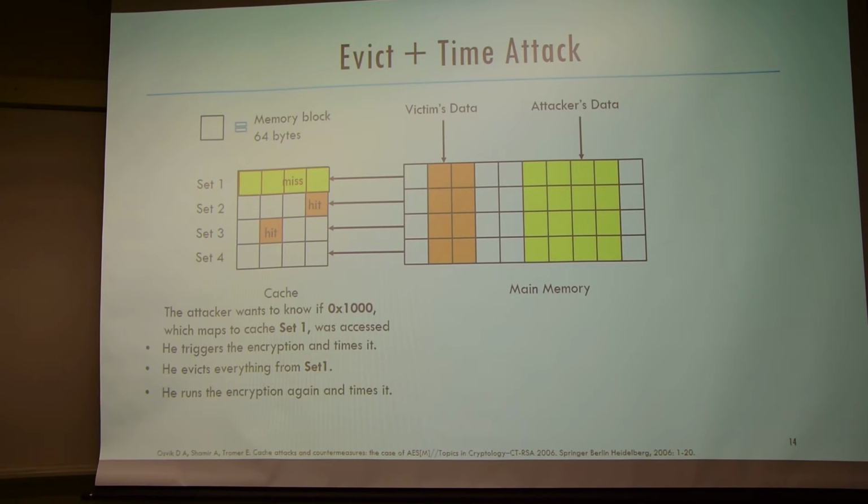The attacker needs to know which data maps to which cache line, right? Yes, they need to know. They have some way to know, because this cache set number is in the virtual address, in the offset of the virtual address. So if the attacker can control the address that it is accessing, that's the problem.